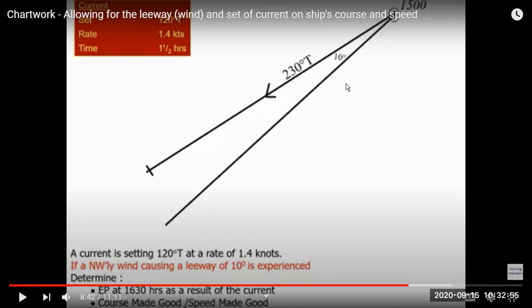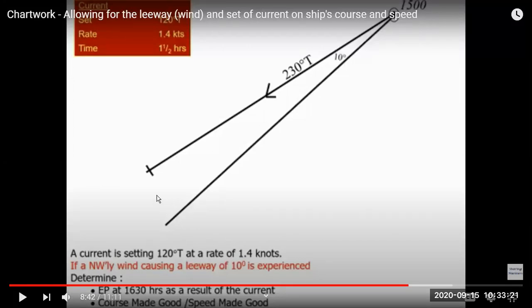Now, in the allowing method, where do we put the wind? Towards the wind or away from the wind? Sir, away from the wind. Yes. The wind is coming from the northwest, we move away from the wind and we get the leeway track as 240.